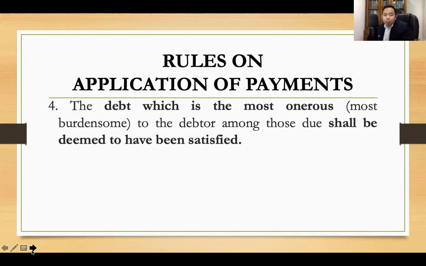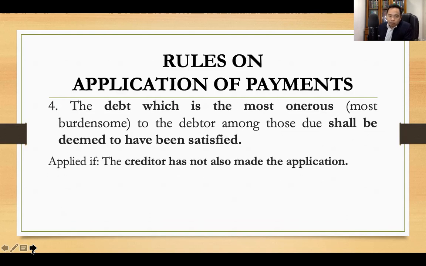This is more burdensome on the part of the debtor. Now, that most onerous debt to the debtor among those due shall be deemed to have been satisfied. If there are several debts which are due, then the payment is to be applied to the most onerous. Okay.